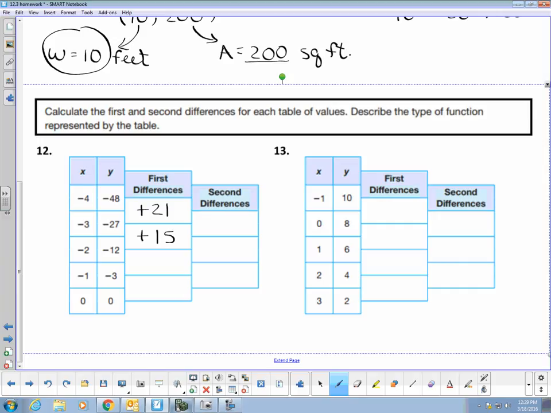From negative 12 to negative 3, I am going up by 9. And from negative 3 to 0, I'm going up by 3.